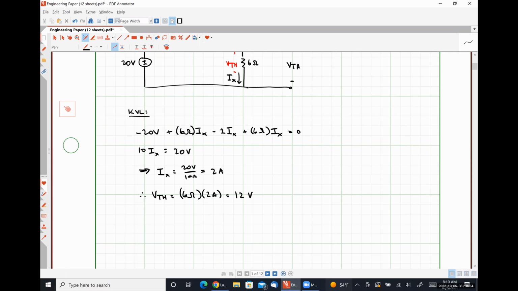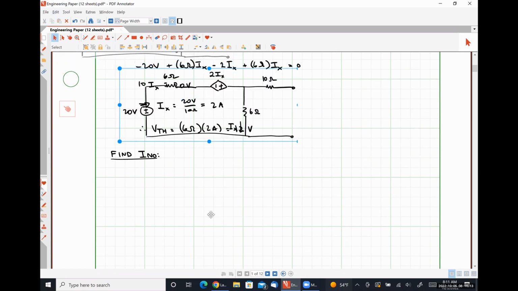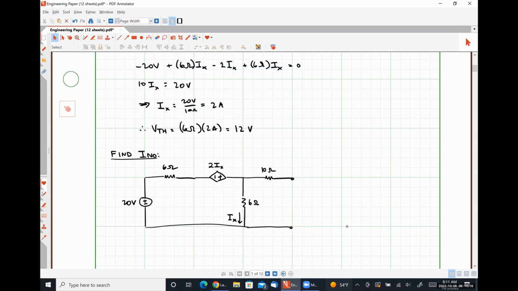So to me, that circuit analysis was fairly straightforward. Okay. Now let's talk about finding I Norton. By definition, the Norton current is the current that we see flowing through a short circuit when we short circuit the terminals that we found the Thevenin voltage across.